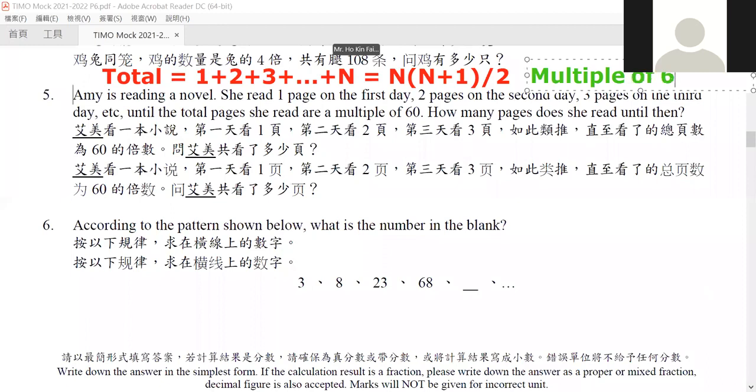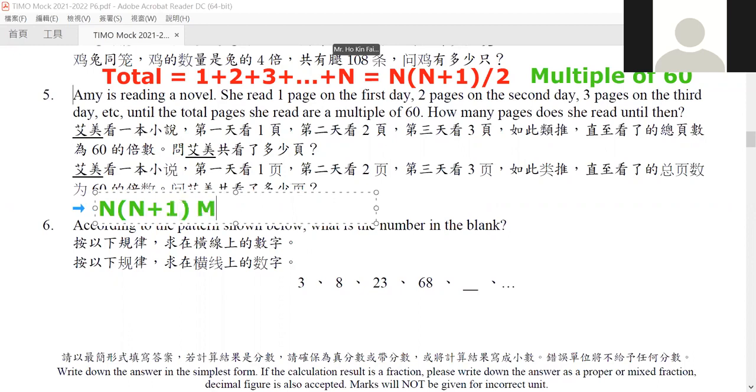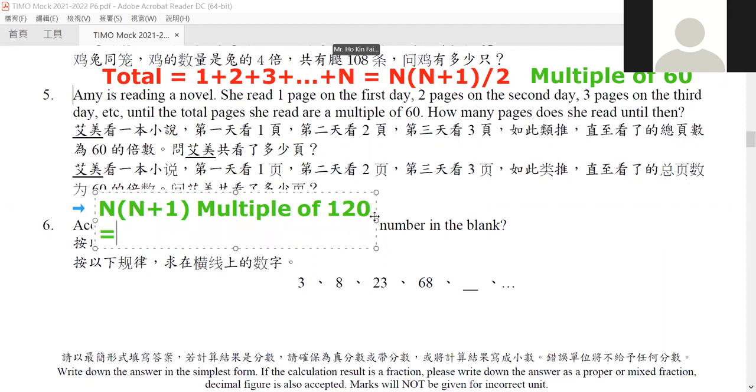So we want to ask, what number n is such that this will be a multiple of 60? If n times n plus 1 divided by 2 is a multiple of 60, which means that n times n plus 1 must be a multiple of 120, because we multiply both sides by 2, right?